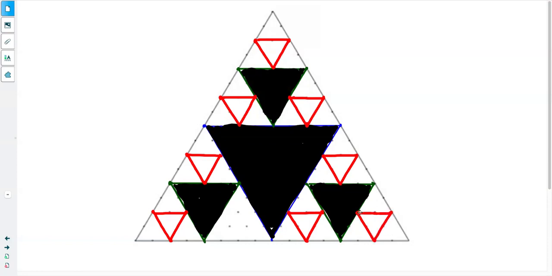And then our next step at this stage is once again shade them in. And we've done essentially 3 stages of the Sierpinski gasket.